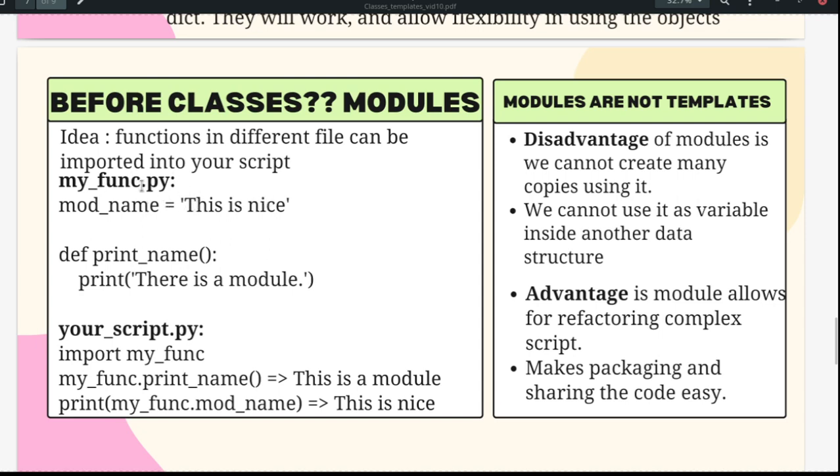Once this my_func.py file has been created, you can only modify this file, but you cannot create a copy. If you are going to create a copy, you have to create multiple files. But in the case of classes, you don't need to have this file at all.